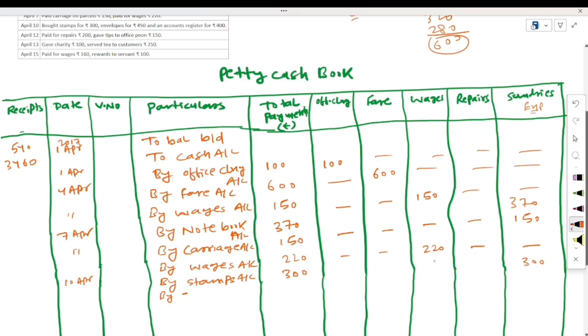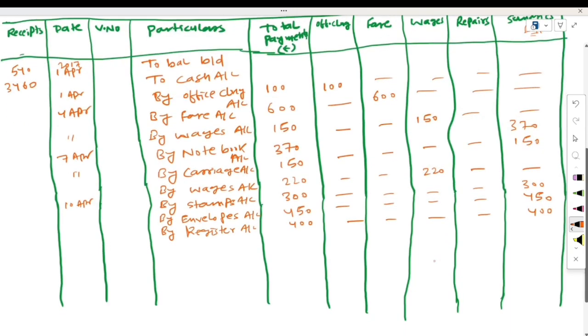Envelopes, how much? And account register 400, by register 400. We will also write this 400 here. On the same date, all these transactions are happening.